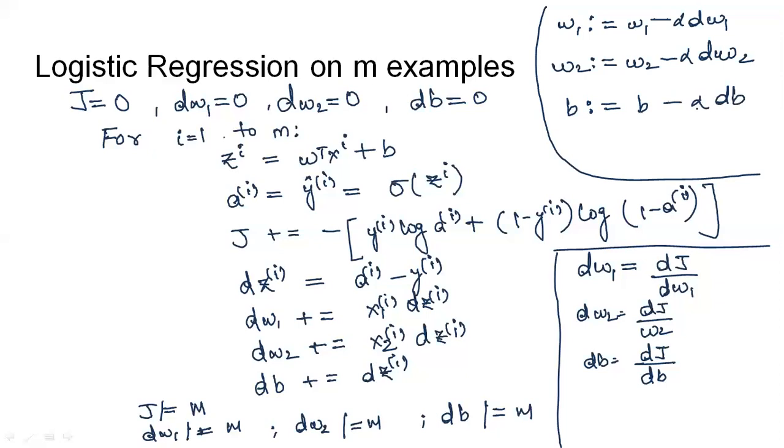These are the three crucial steps that we need to perform after calculating the values of dw1, dw2 and db. In this way we can find the gradient descent for logistic regression over all the m training examples.